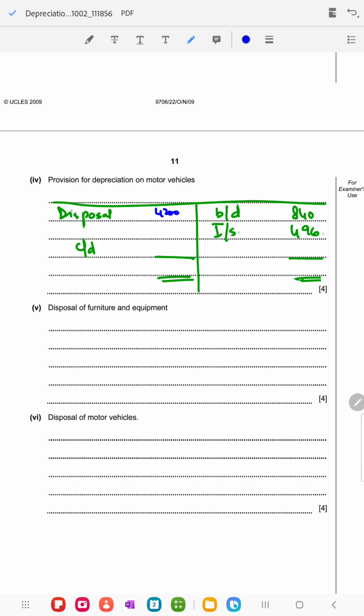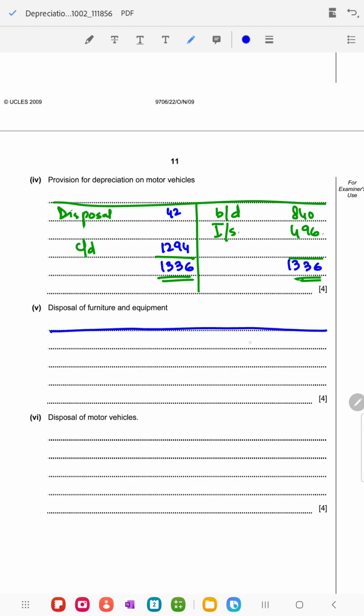So going back, 42,000 goes to disposal. Sorry, we are just writing values without the thousands. So my closing value becomes 1294, then 1336.